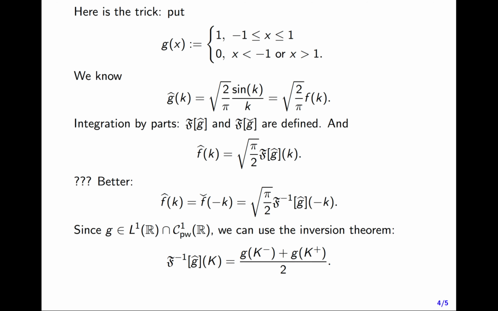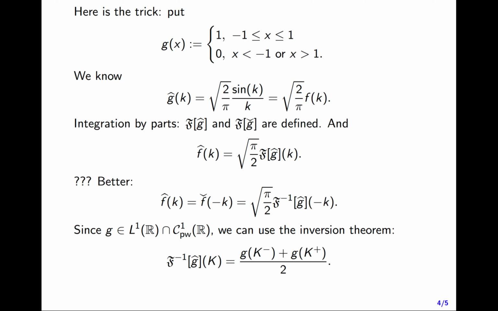So let's think about what g is. g is a piecewise C1 function. It's 0 outside the interval minus 1 to 1, and it's 1 on the interval minus 1 to 1. So g is certainly in L1, and it's also piecewise continuously differentiable. So I know what the inverse Fourier transform theorem says.